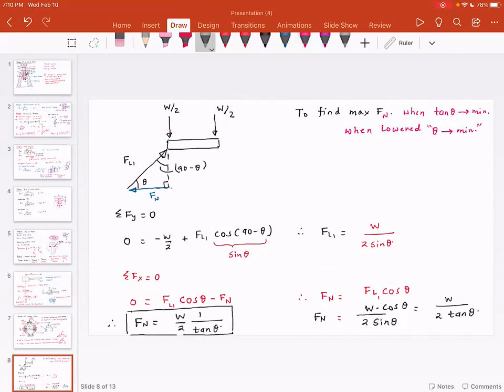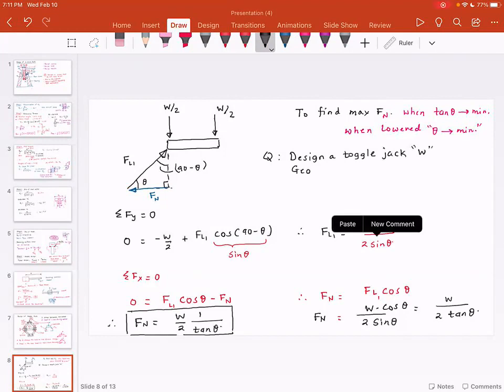So the first step, when you are trying to design the toggle jack, is to look at the toggle jack design. The question will be something like this: design a toggle jack for load W, and then they will specify some geometry constraint.